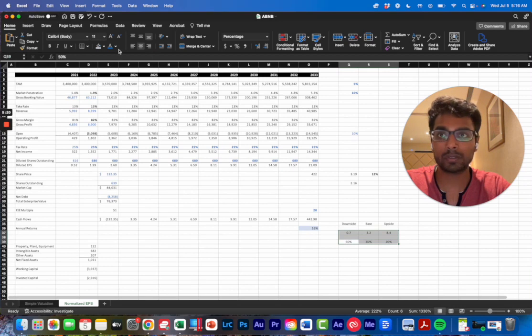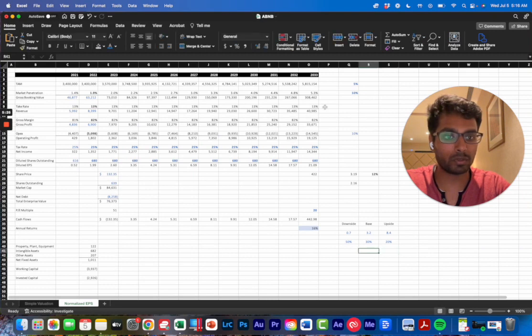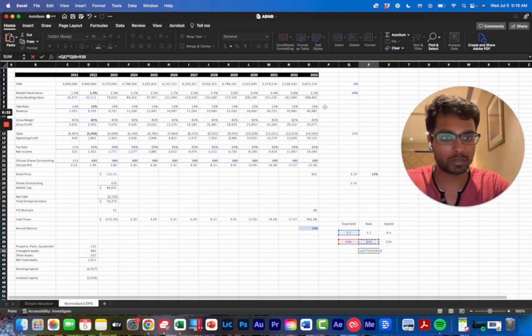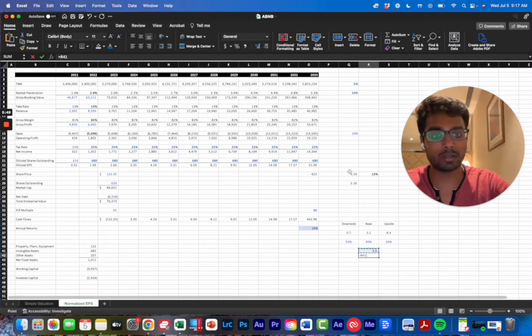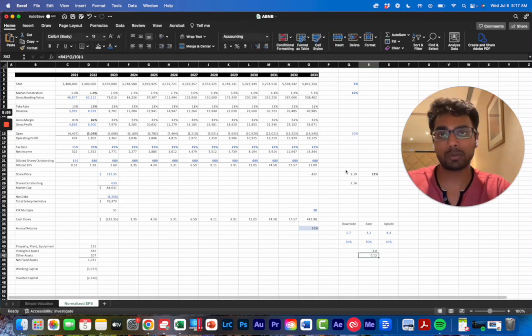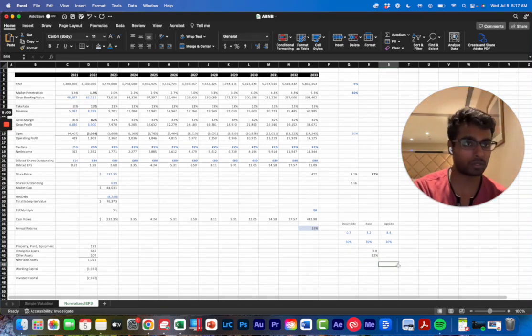Then your expected value would be this times this plus this times this plus this times this. So your expected value would be roughly 3x in 10 years, which comes out to a 12% rate of return. Then it's up to you to decide, is that a reasonable enough rate of return?